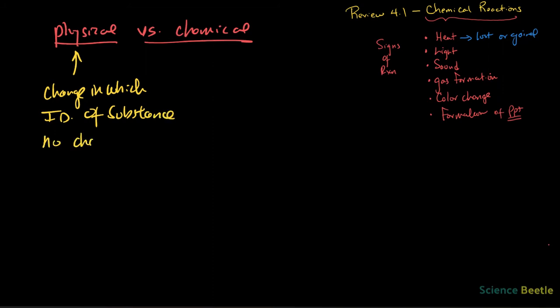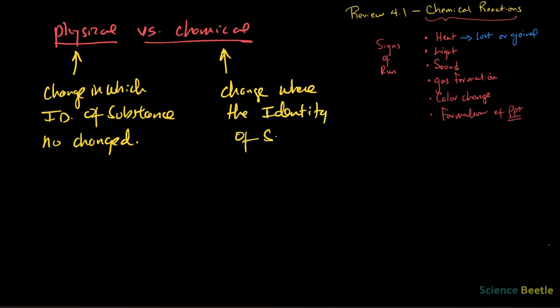So not changed. Okay. The other item here is with the chemical. Chemical actually is going to have a change here. And so when these changes occur, this is a change where the identity of the substance is going to be affected.